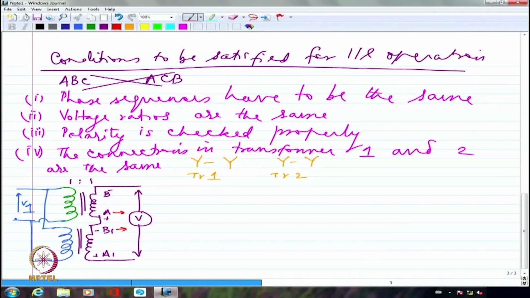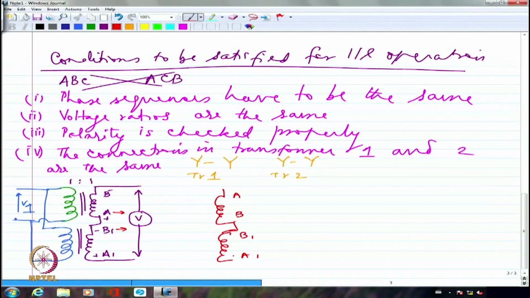So the polarity testing essentially tells you, by looking at the voltmeter reading, whether the polarity is of opposite nature, what you have tied together, or if you are going to get the voltmeter reading to be 0. If I had connected it the other way around, let us say this is one of my windings, this is the other winding. Let us say this is A, this is B, and this is B, this is A. And I had connected these two together.